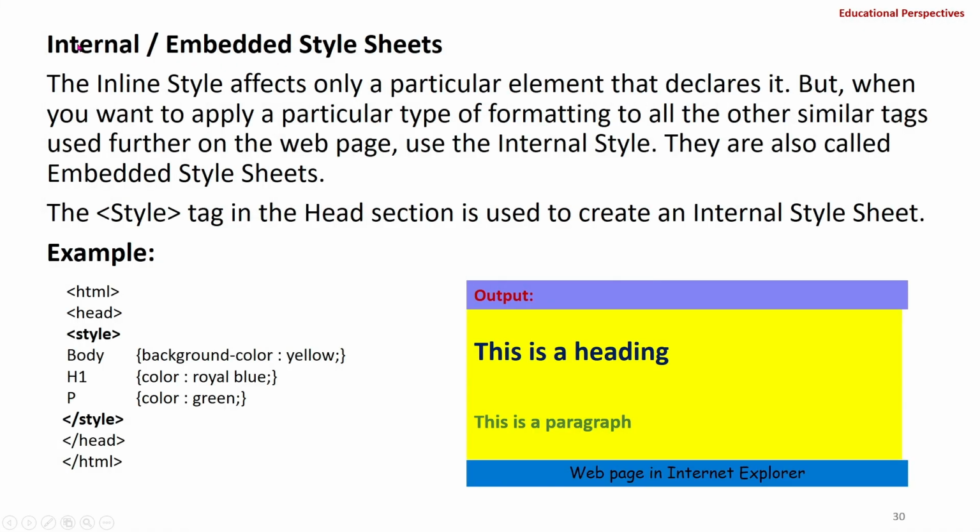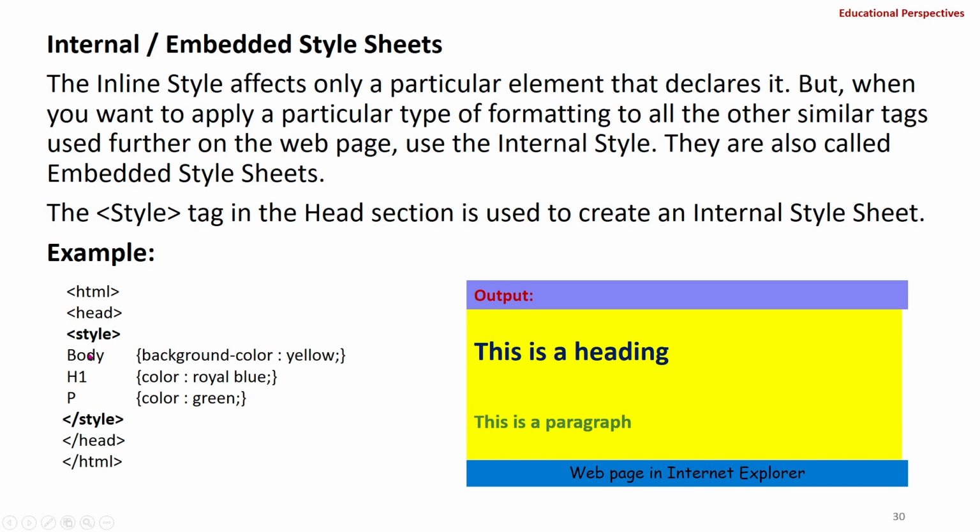Then the next is internal or embedded style sheets. This is given inside the head section of every program. In between the head and slash head opening and closing tags, we put our style tag with style and slash style, and we can give as many attributes to the different tags.